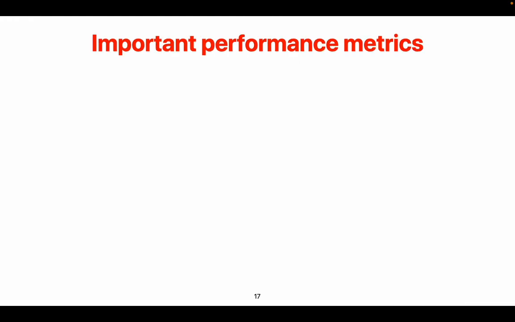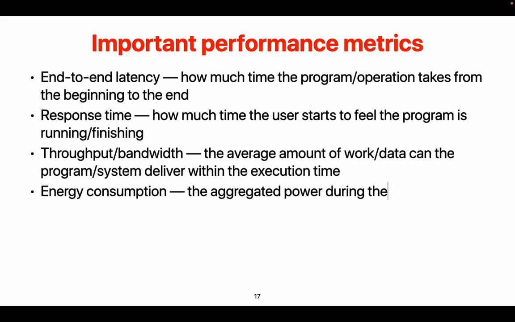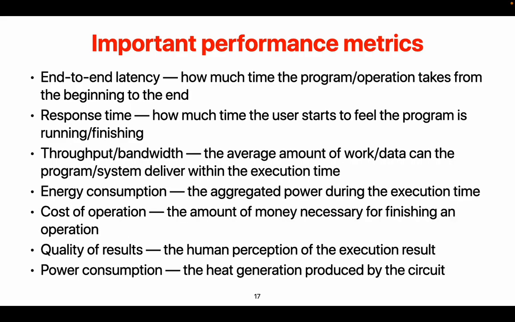So there are several important performance metrics beyond the ones that I have been talking about: end-to-end latency, response time, throughput, bandwidth, quality of result, and in addition, from the company's perspective, companies also care about energy consumption. The main reason is that energy consumption is directly related to electricity bills. So the lower the energy, the less the company can pay.